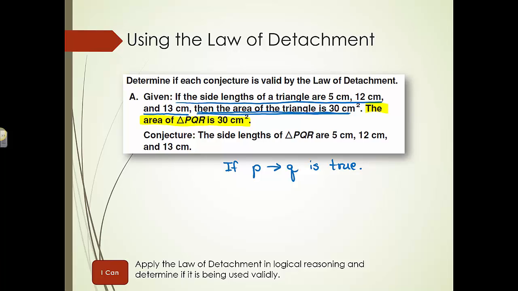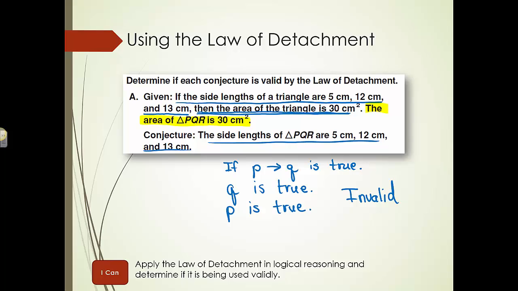The second part about the area is Q, so they're telling us that Q is true, and then drawing the conclusion that the sides are 5, 12, and 13. So they're saying, therefore, P must be true. That does not follow the law of detachment that we just talked about on the previous slide. So this is an invalid use of that logic.